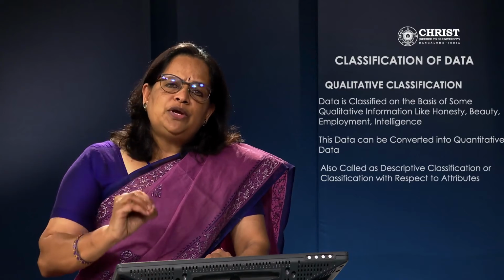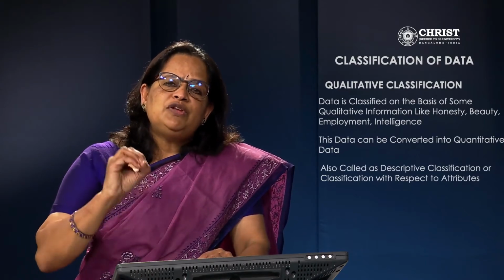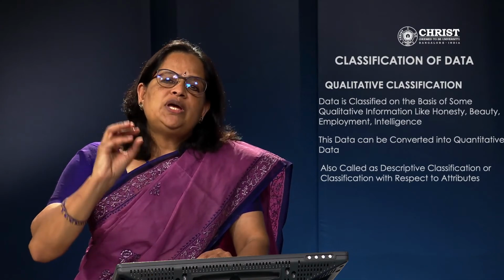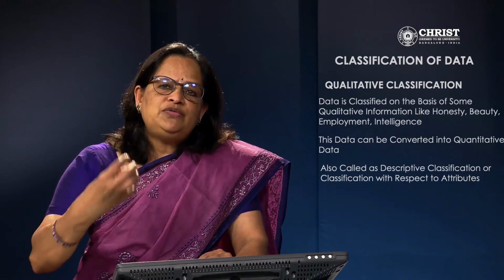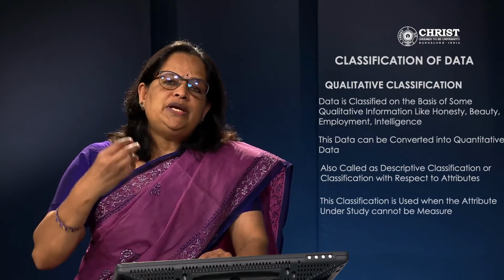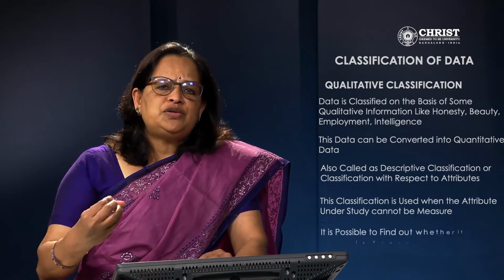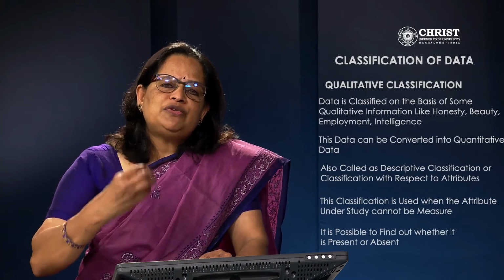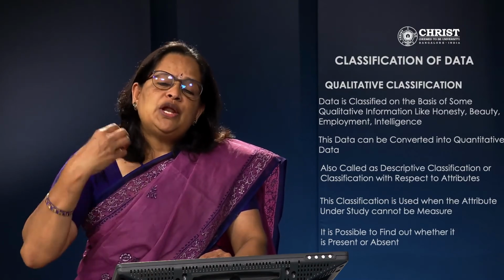Now the next point, also called descriptive classification or classification with respect to attributes. The attribute means the characteristic we are studying. This classification is used when the attribute under study cannot be measured. Beauty, intelligence, honesty, satisfaction, all these are attributes. So it is possible to find out whether it is present or absent in the data we are collecting. Are you employed?